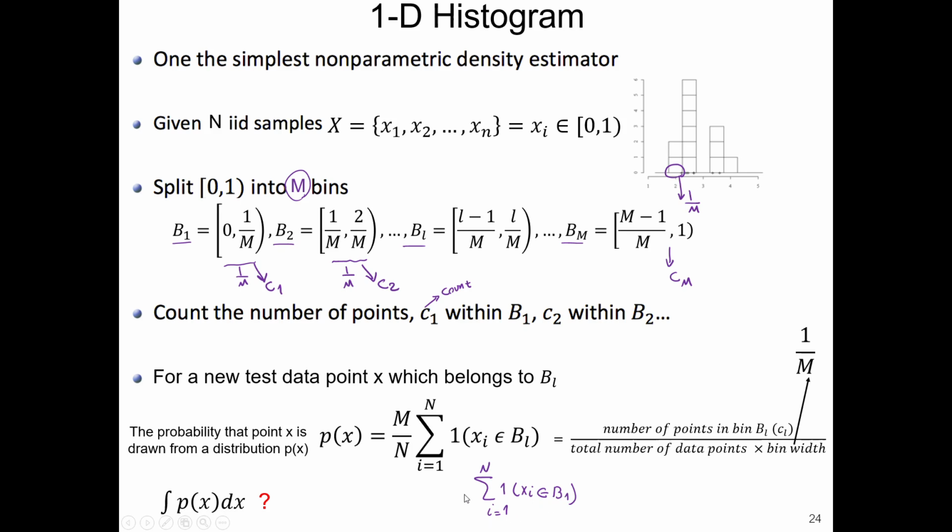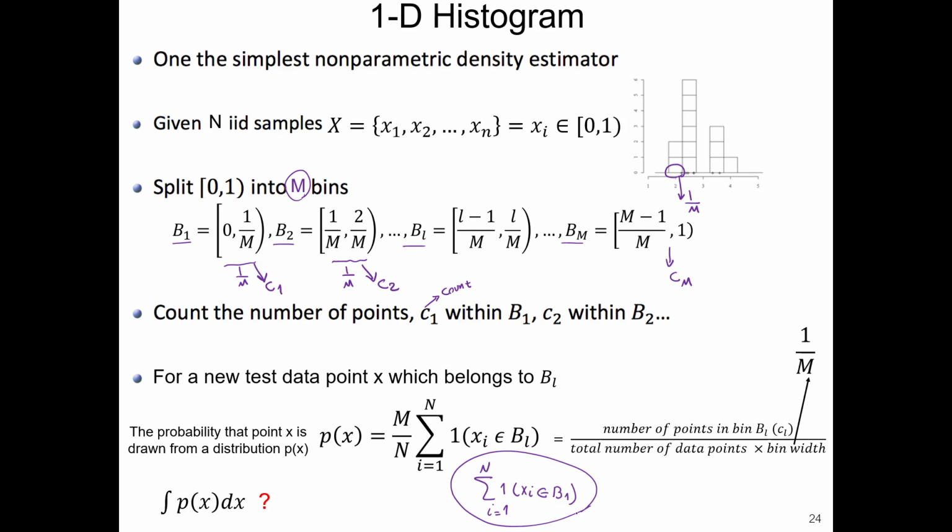So if I sum up all the data points, a bunch of ones belonging to bin 1, what does that mean for us? I find the number of data points within that bin. For each data point: do you belong? 1. Plus, do you belong to that bin? Plus another 1. Do you belong? No, 0.